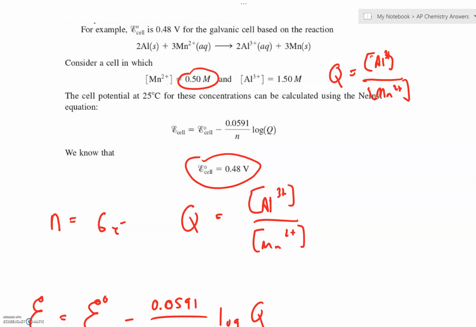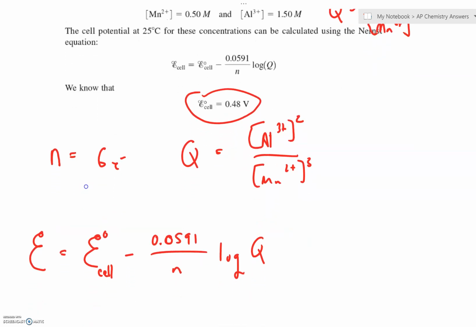I mean, there is, of course, a coefficient here and here. So we should include that here. Our aluminum with a charge of 3 plus, that'll be squared, and our manganese with a charge of 2 plus, and that will be cubed. So you want to be careful with the concentrations of your reactants and products.